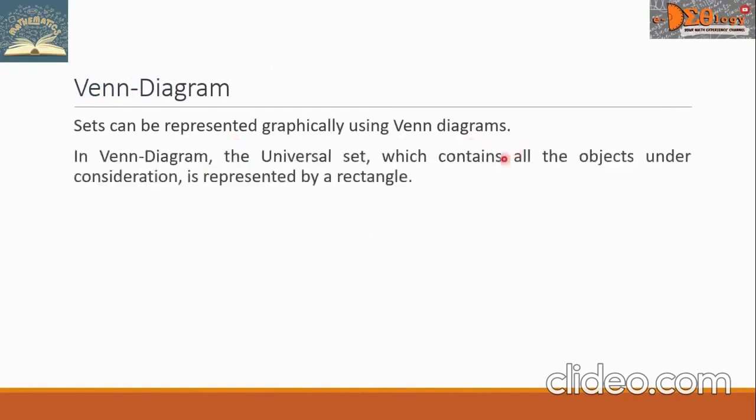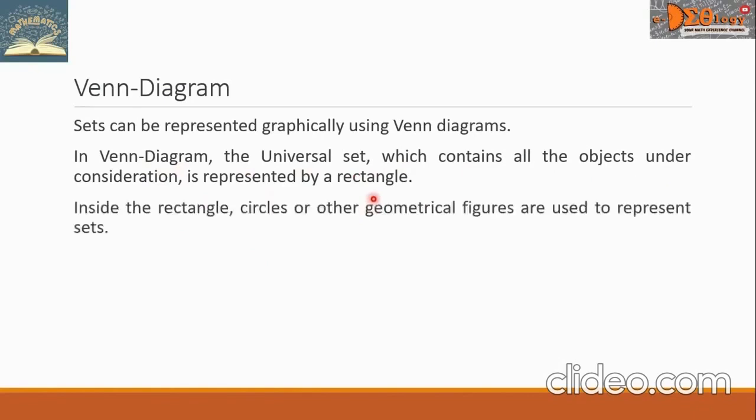Let's discuss the Venn diagram. Sets can be represented graphically using Venn diagrams. In a Venn diagram, the universal set, which contains all the objects under consideration, is represented by a rectangle. Inside the rectangle, circles or other geometrical figures are used to represent sets.